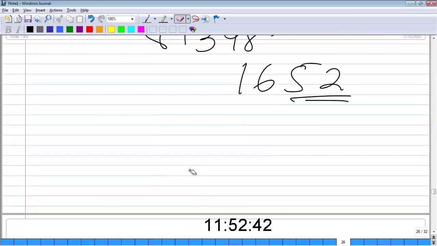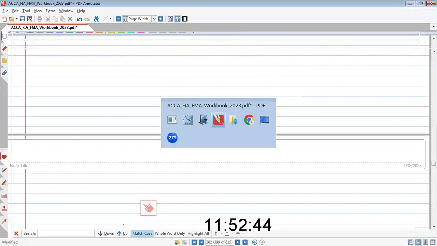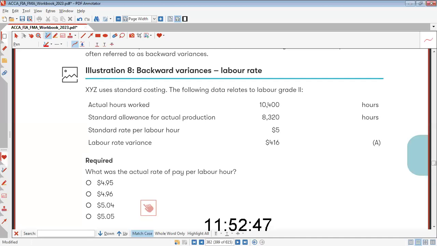Okay, so let's now attempt some questions. We are going to use the variance data we have to compute some numbers. Another example: XYZ uses standard costing. The following data relates to labor grade 2. Actual hours worked were 10,400. Standard allowance for actual production was given. Standard rate per labor hour was 5.